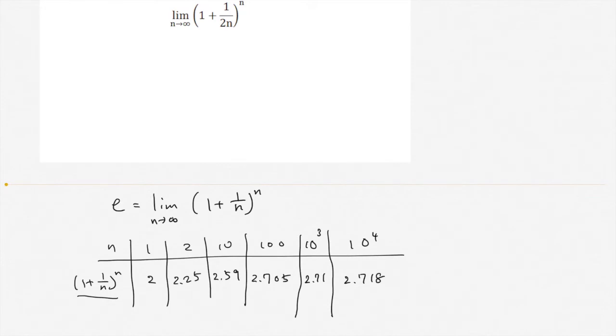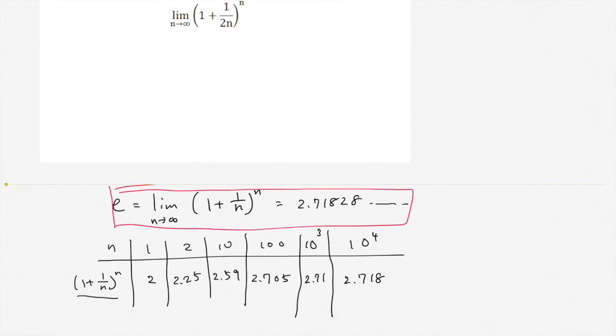So it looks like it converges to some finite number. Actually, this is a convergent series. It converges to 2.71828 and so on. So e is defined by this equation, and this equation is really important for defining e.